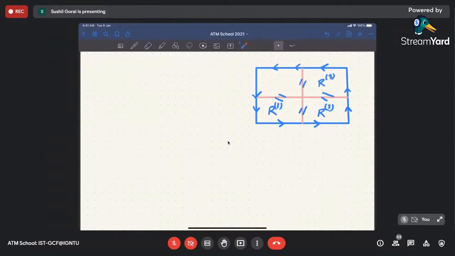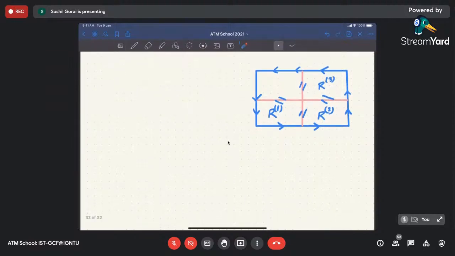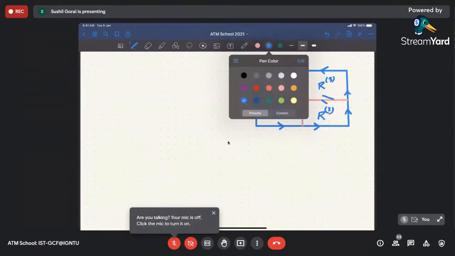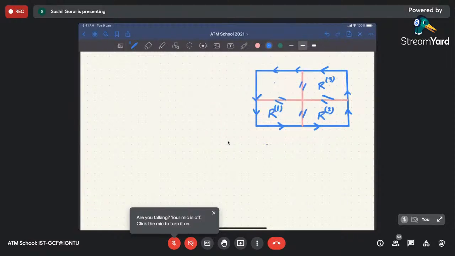So in the integration, this and this will not contribute anything. Is this fine? Yeah? All right. So this one, call this R4.